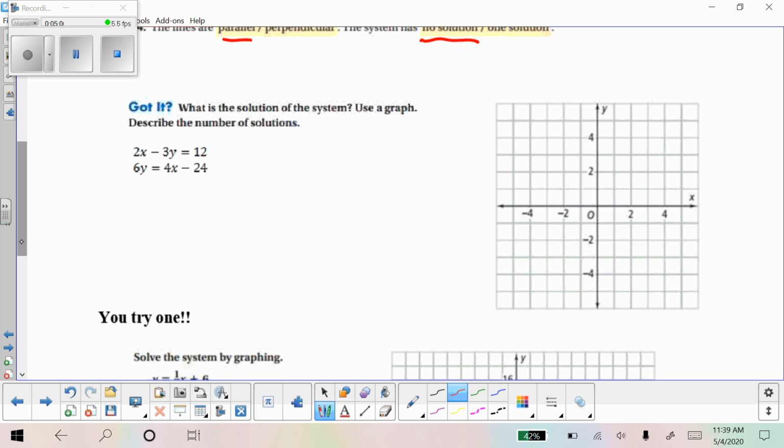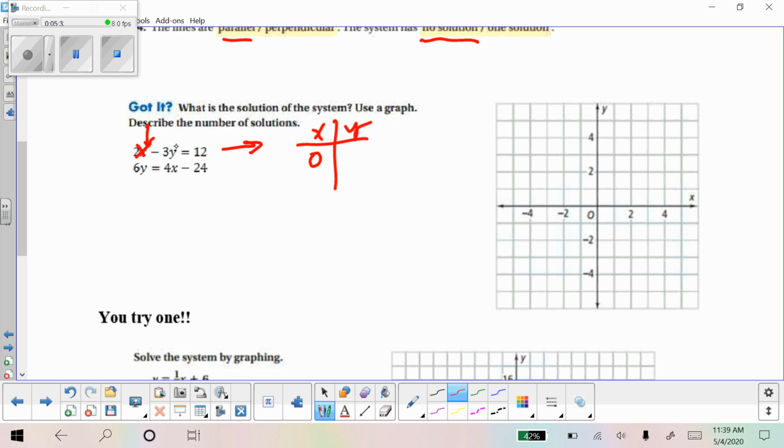Okay, so I'm going to help you with this one, get you started. It's actually not that much more difficult. What I would do on this top equation is I would find the intercepts, if you remember that. So if I put in 0 for x here, then that makes this term cancel out because it's 0.